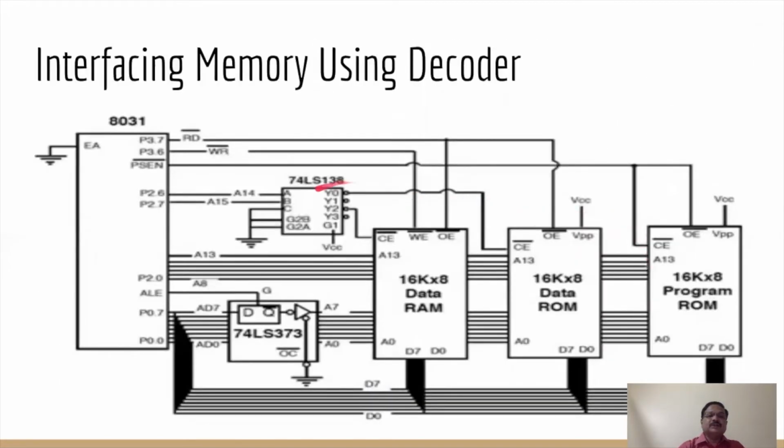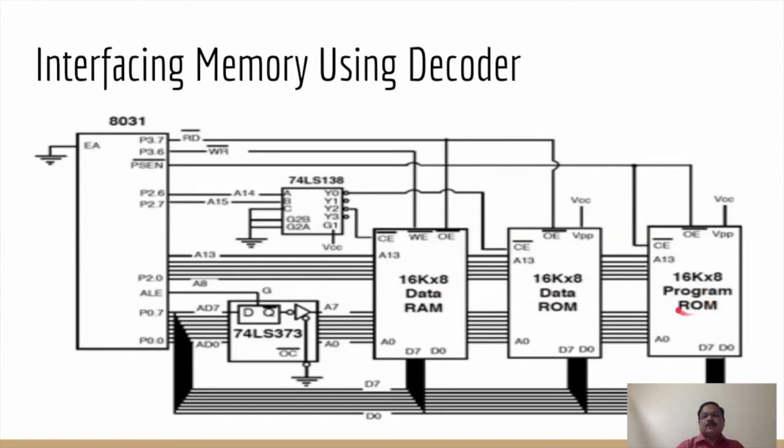Here you can see the decoder is used for chip select logic, and there is an octal latch. In this interfacing, one data memory RAM of 16K is used, then a data ROM of 16K, and a program memory of 16K.